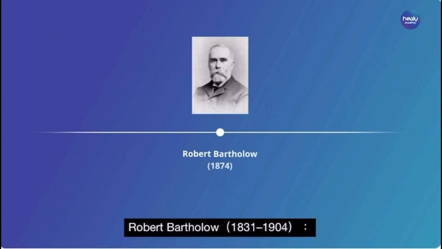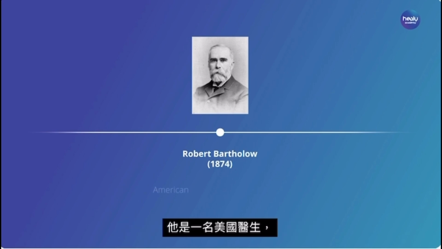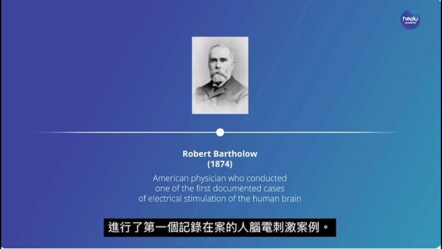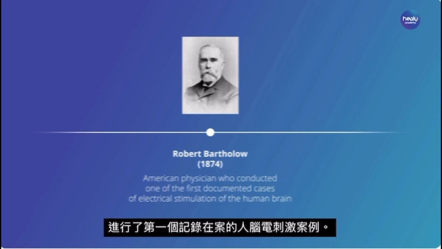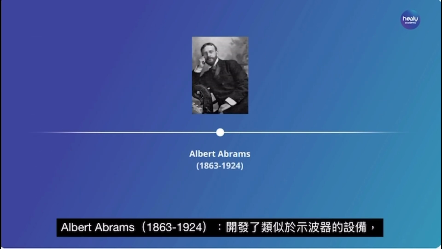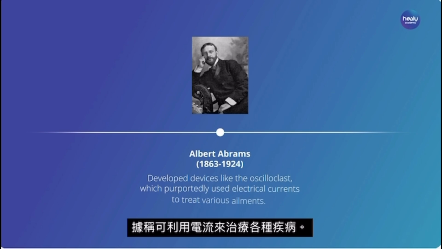Robert Bartholow, 1874, American physician who conducted one of the first documented cases of electrical stimulation of the human brain. Albert Abrams, 1863 to 1924, developed devices like the oscilloclast, which purportedly used electrical currents to treat various ailments.